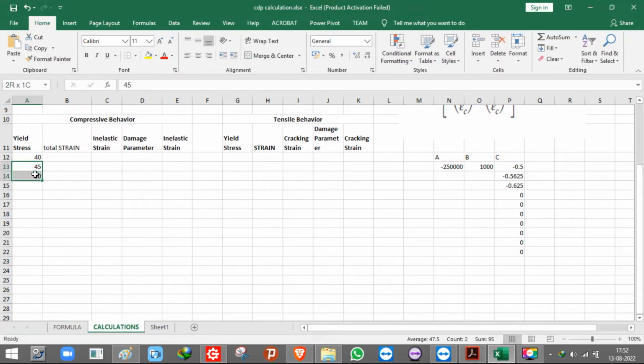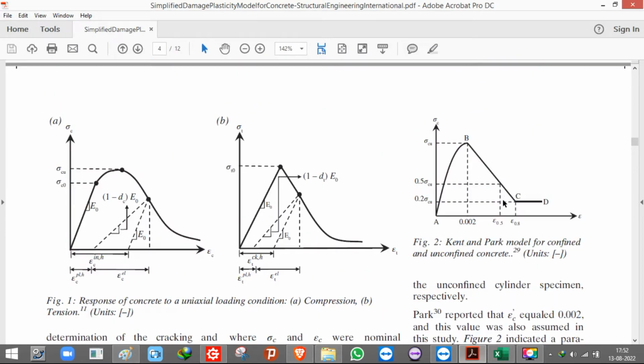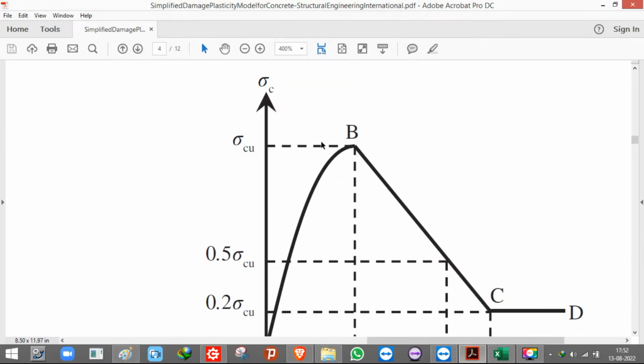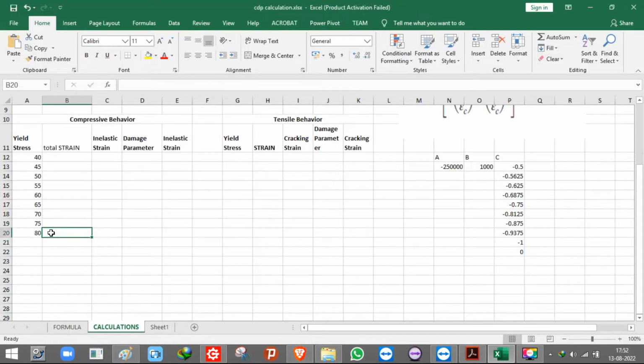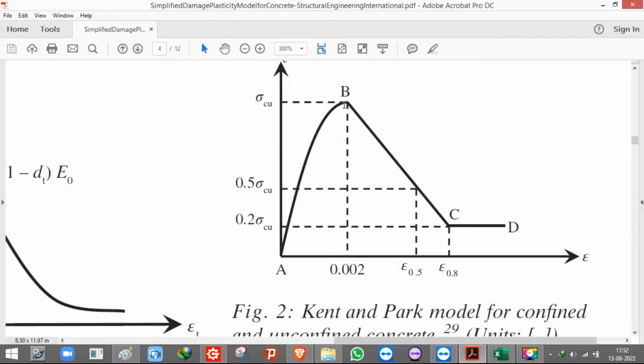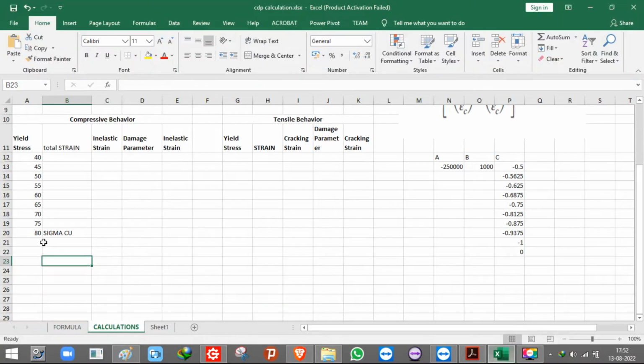Just take random values up to M80, and after that the value will decrease. See, if you see this model, up to 80 sigma Cu is my 80, because we are going for M80. This value is sigma Cu, and after that the stress is decreasing. So I'll have to decrease the stress.